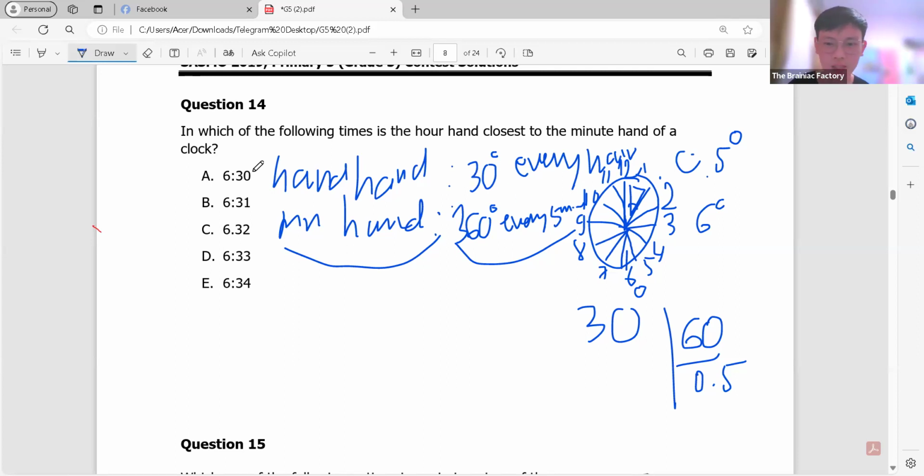The hour hand is already at the 6, and it can be over here or somewhere right here. So let's assume answer A is the correct answer, so that both could be around here.